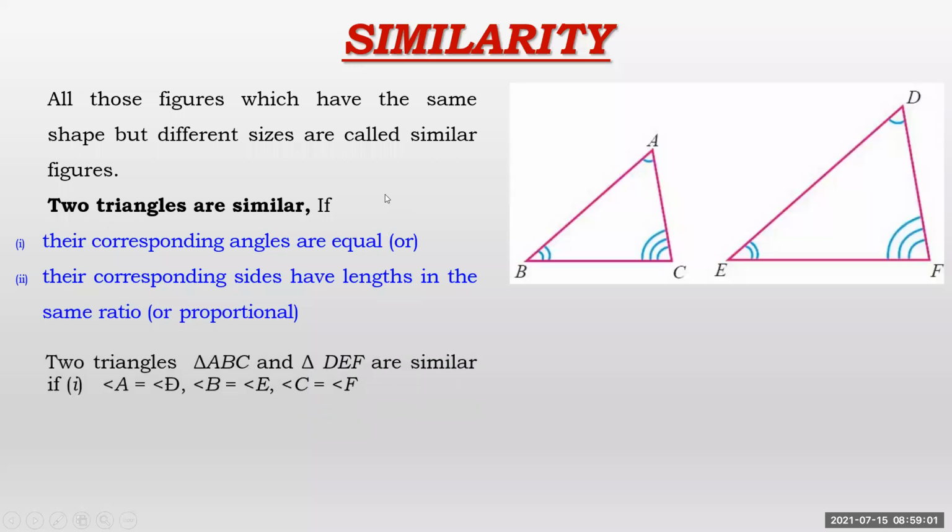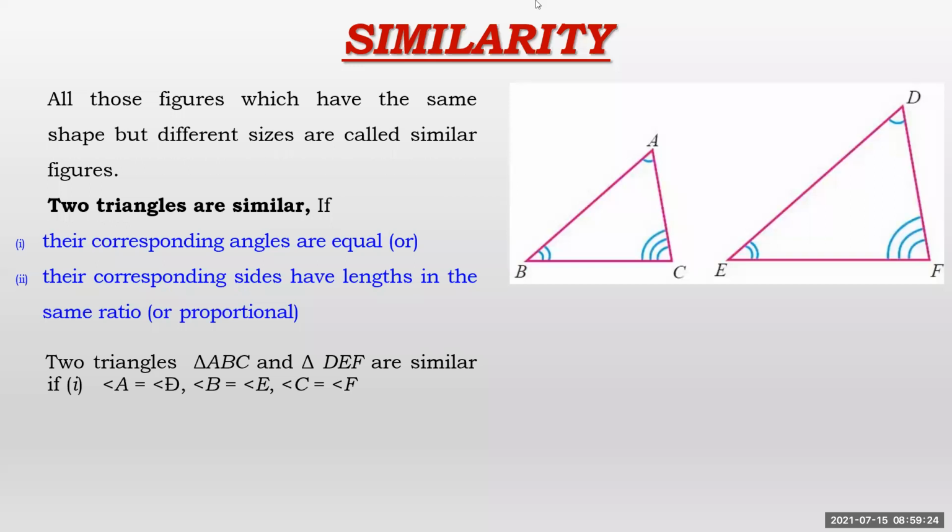For example, consider triangle ABC and triangle DEF as shown in the figure. Angle A is equal to angle D, angle B equals angle E, and angle C equals angle F, so all three angles are equal.